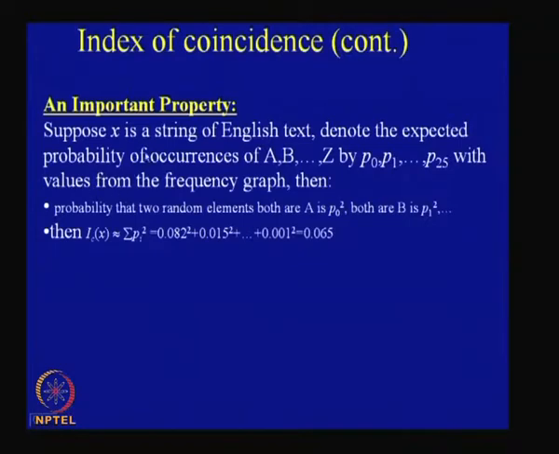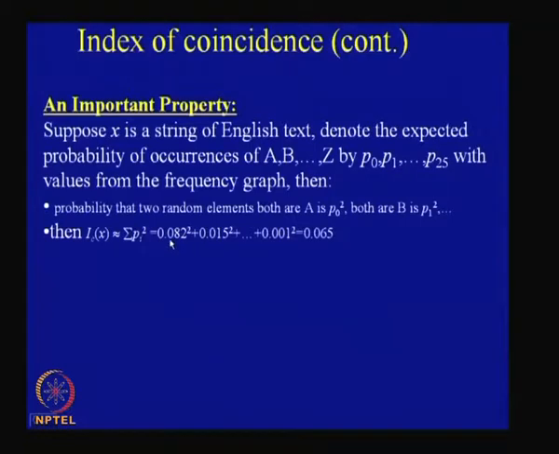So suppose X is an English text, with the expected probabilities of occurrence of A, B and so on till Z, denoted by P0, P1 and so on till P25, with values from the frequency graph as we have seen before. Then the probability of two random elements both being A is P0 squared, both being B is P1 squared, and therefore the ICX, as we have seen before, is sigma pi squared.